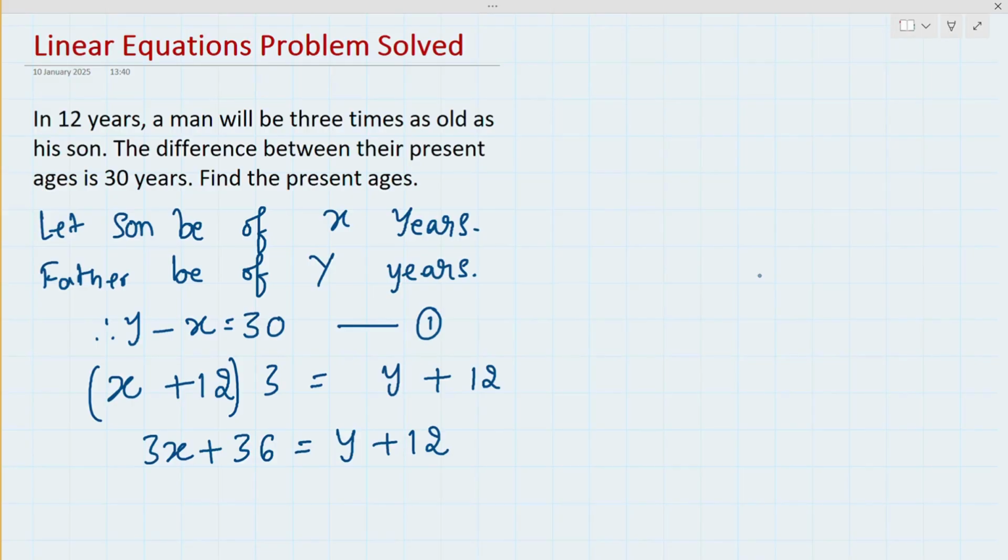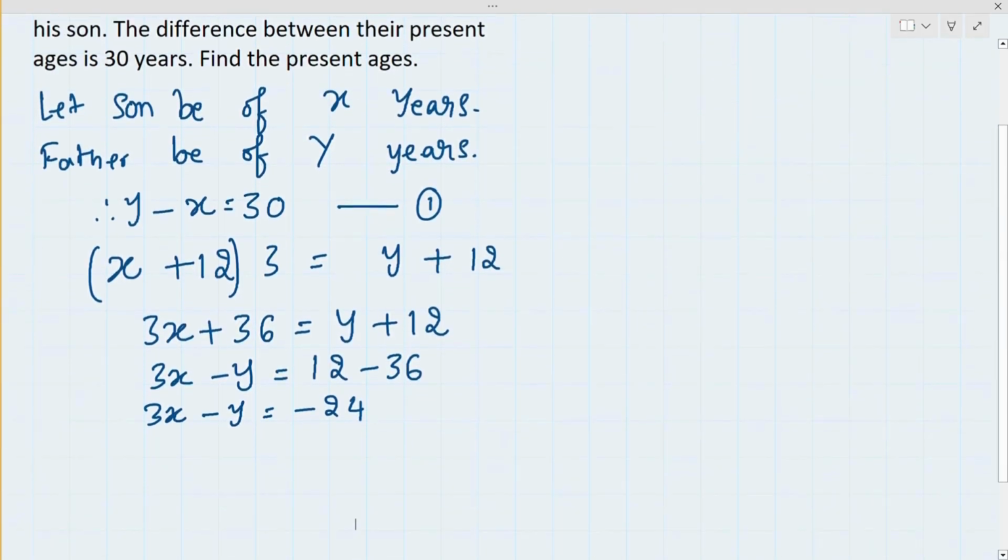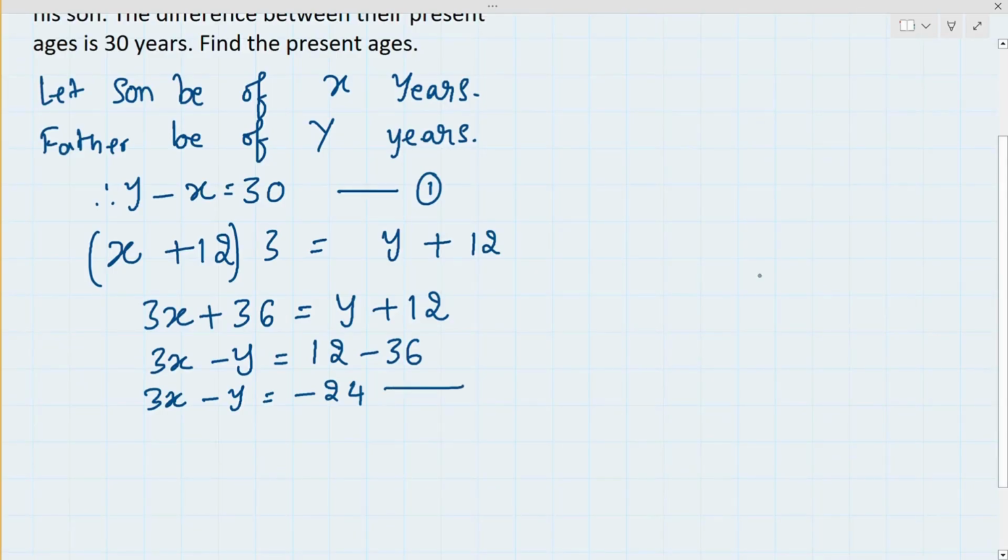The equation simplifies to 3x minus y is 12 minus 36. 3x minus y is minus 24. This is the second equation.